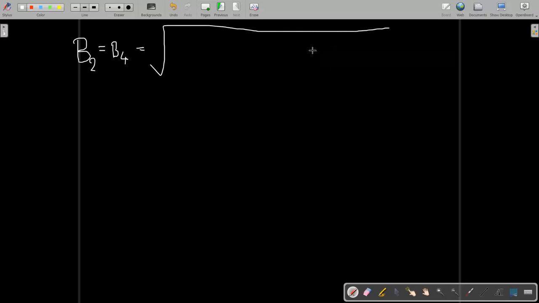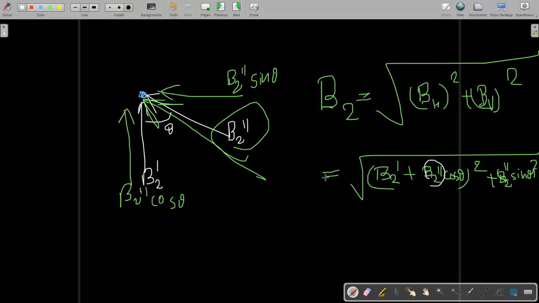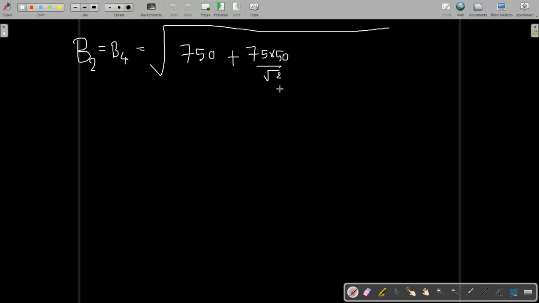Now moving to the next page, we will find B2, that means the force on bolt 2, and it will be the same as bolt 4 due to symmetry. So under the root, B2 dash, that means the primary shear force, is 750 newton, plus our secondary force, which is 75 multiplied by 50 divided by root 2, the B2 double dash value, and cos theta, where theta is 45 degrees, so cos 45 is 1 by root 2.